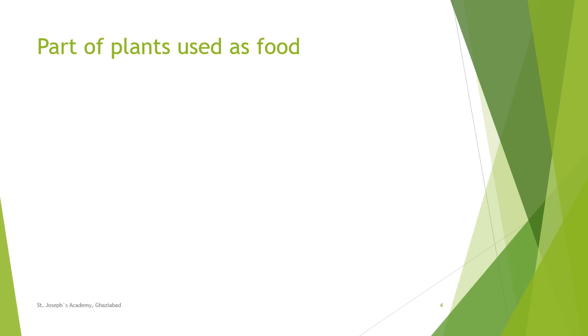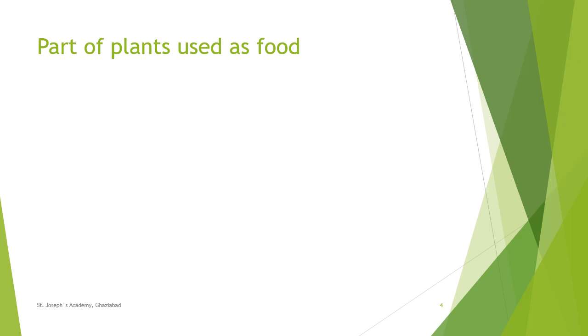Now we come to our next point, that is parts of the plants used as food. You all must be knowing that plants are very useful to us. They give us shade and fresh air to breathe.